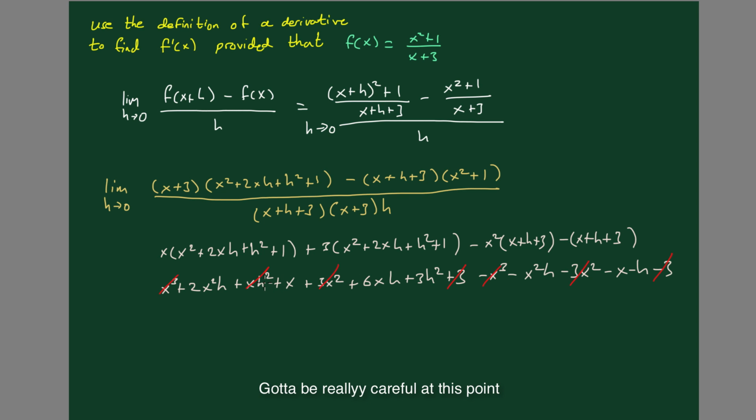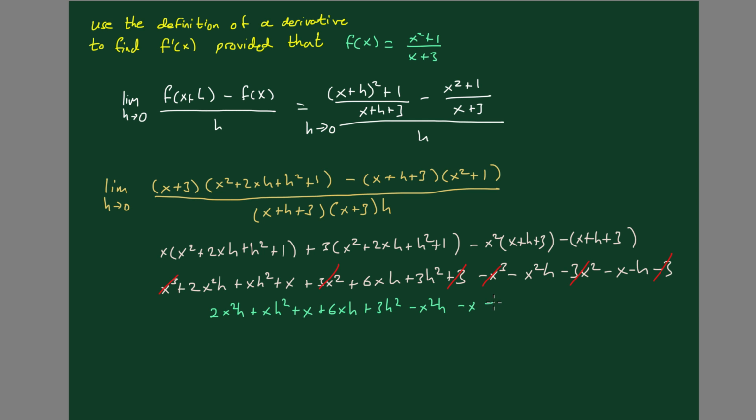Also, we have an xh squared. Oh no, actually that one doesn't cancel out. This is an x squared h, that's an xh squared. So our remaining terms are just going to be 2x squared times h plus xh squared plus x, and then we have plus 6x times h and a plus 3h squared here, and we have a minus x squared times h, a minus x and a minus h.